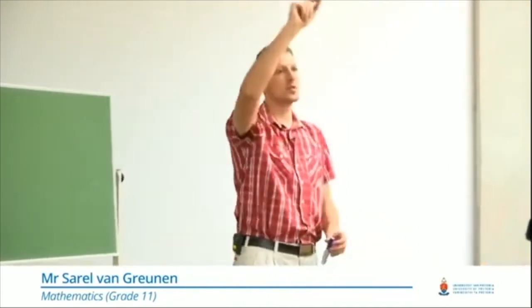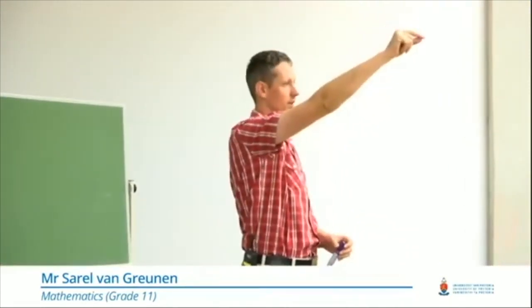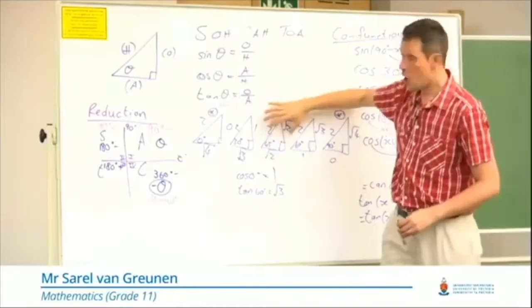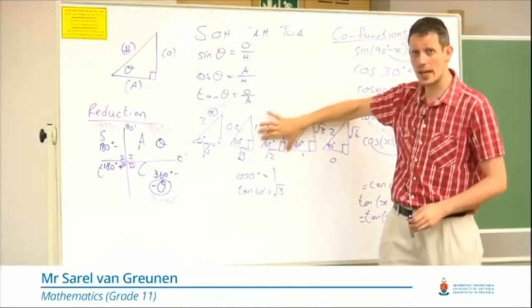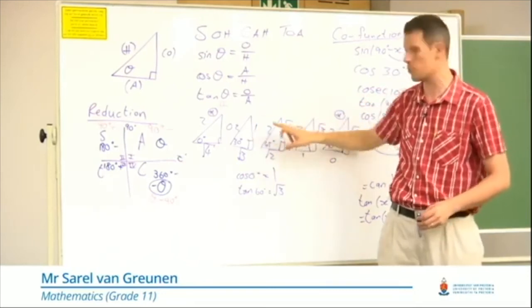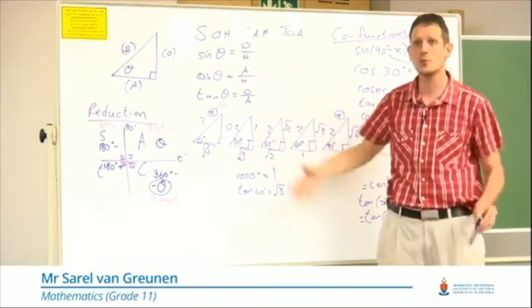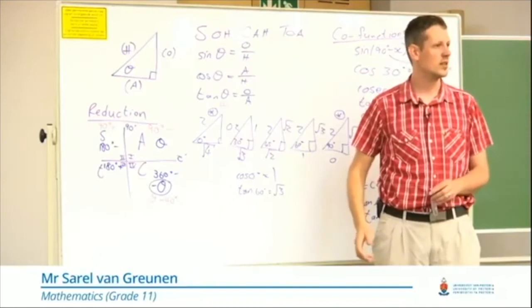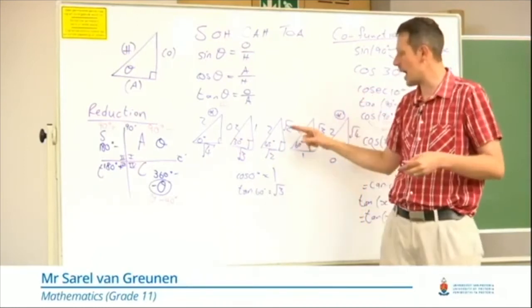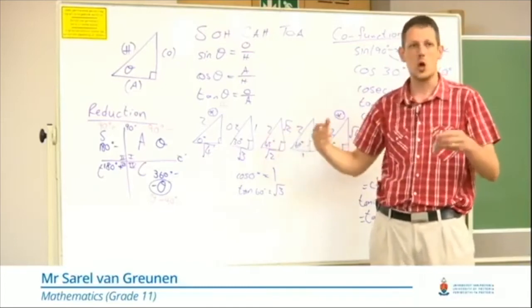Ladies and gents, I want to quickly just say one thing. For some of you, you might see, even those guys at home, that the 45-degree triangle, some of you have learned 1, 1, root 2. It's the same triangle, man. All that they did is they divided each of these by root 2.